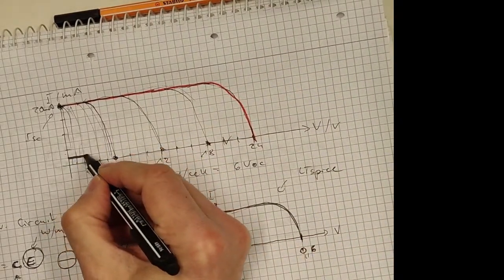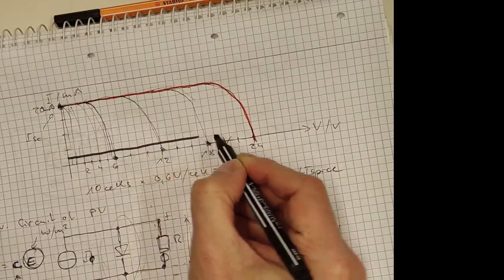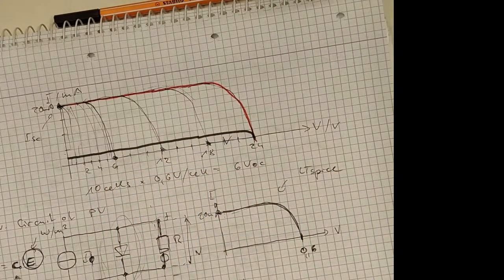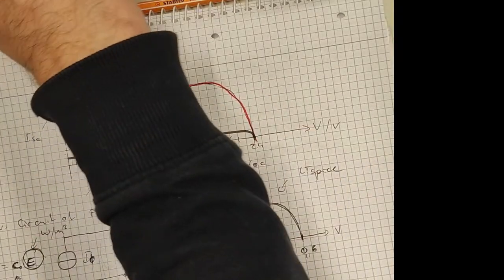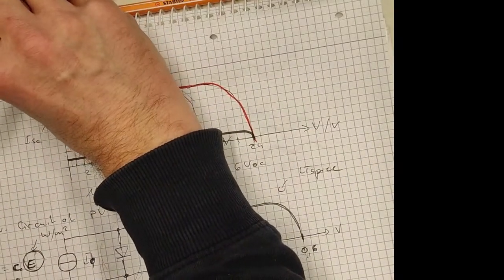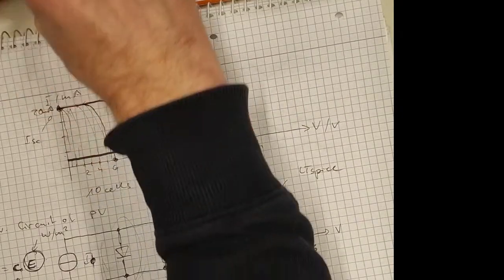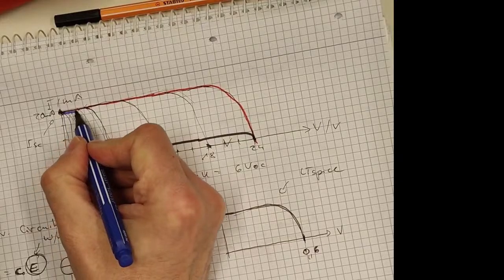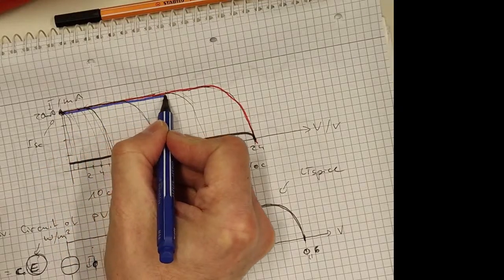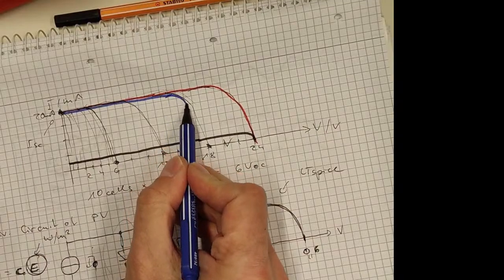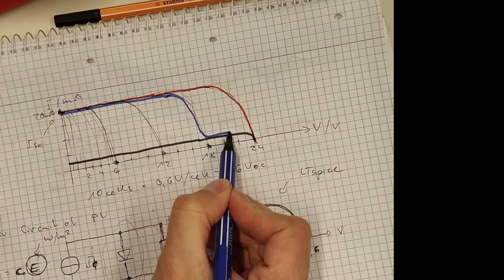So if one of the modules is shaded, it looks like this. And if this module has a bypass diode, maybe I can use blue here, then it looks like this, right? It follows approximately. So 3 of the modules are still okay, and then basically it drops like that.